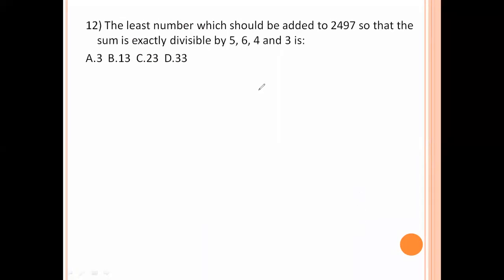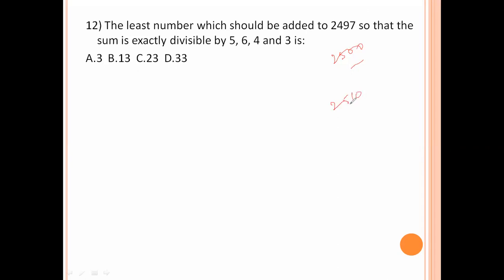The least number which should be added to 2497 so that the sum is exactly divisible by 5, 6, 4 and 3 is? Now suppose we add 3, we get 2500. 2500 is divisible by 5. It's not divisible by 6. Suppose we add 13, we get 2510.